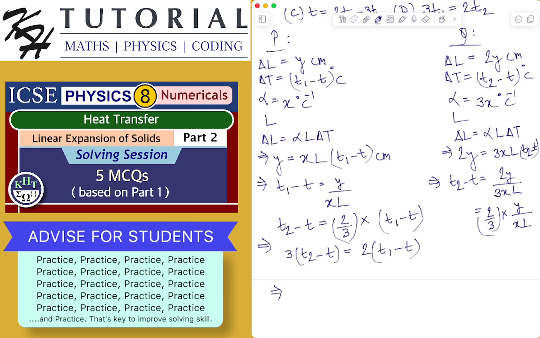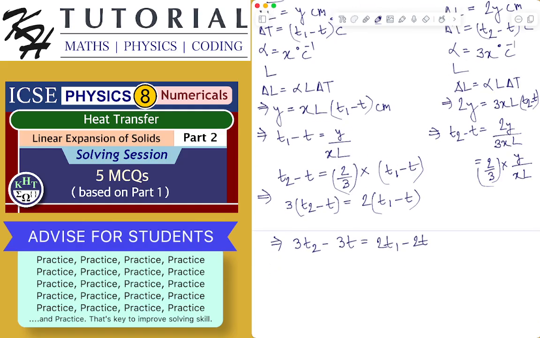Expanding both the sides, we have 3 T2 minus 3 T is equal to 2 T1 minus 2 T. Bringing all the T terms to the right hand side, and all the constant terms, that is T1 and T2, on the left hand side, we have 3 T2 minus 2 T1 is equal to 3T minus 2T, which is equal to T.